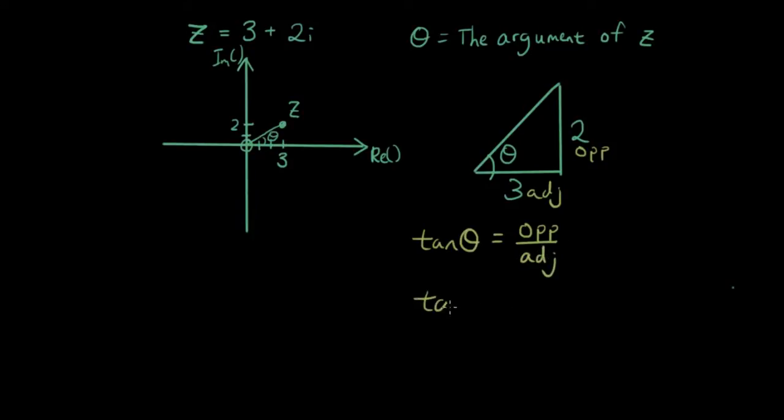Okay, let's substitute the numbers in. So we get 2 over 3, so tan theta equals 2 over 3, theta equals inverse tan 2 over 3, and let's put that in the calculator.